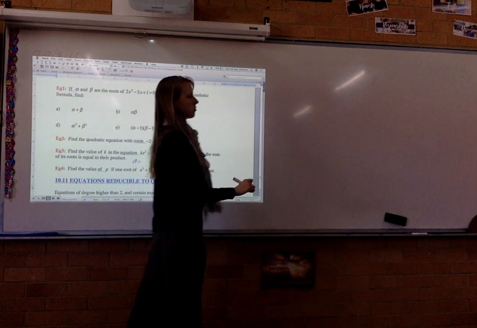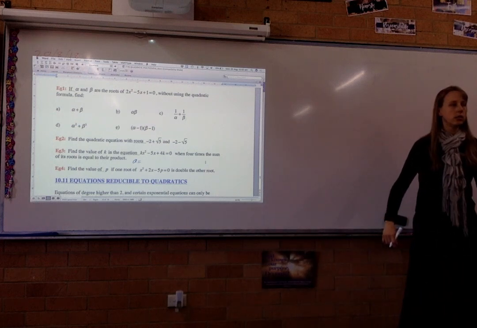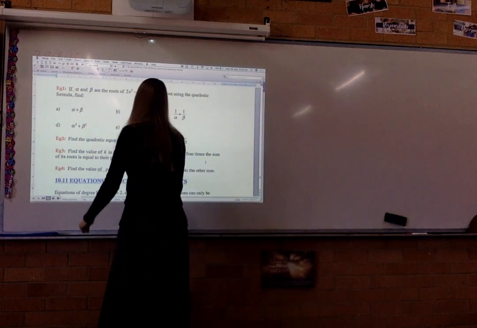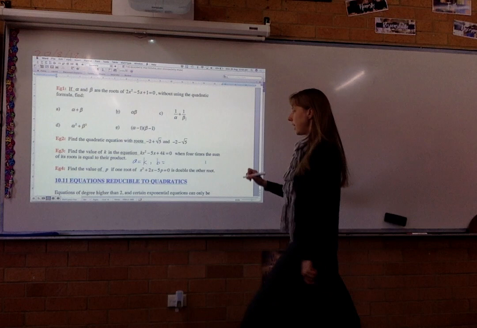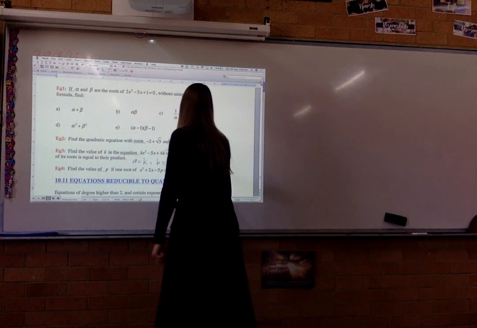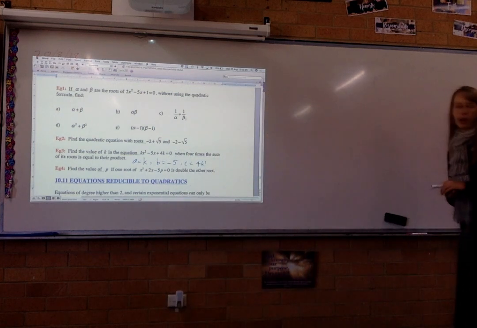A equals, what's the coefficient of x squared? K. A is K. What is B? Negative 5. And lastly, C, which is the constant term, is 4K. So I know that much.